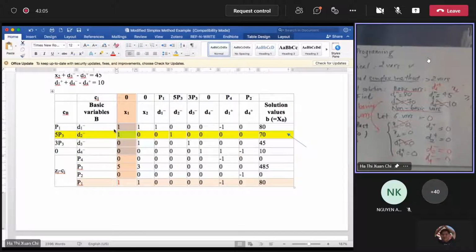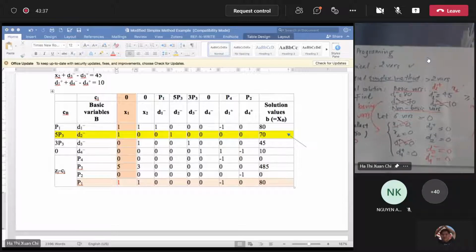You can see P1 times 1 plus 5P3 times 1. So here 0 times 0 equals 0. And minus 0. So here is P1 and 5P3. So here you can see P1, I put the coefficient in 1. P3 is coefficient in 5. And the rest is 0 and 0 here. Got that, Phương?